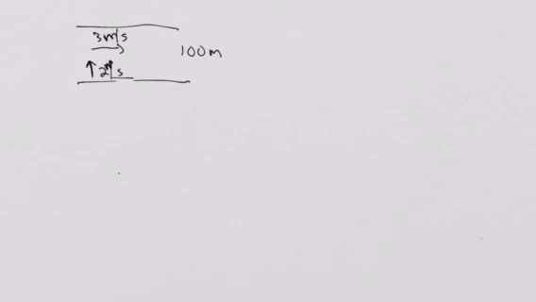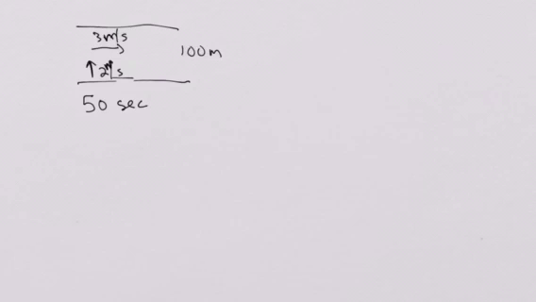So without much thought, we can say the time it's going to take to get across the river is 50 meters, is 50 seconds. The question there was, how far downriver will she be?